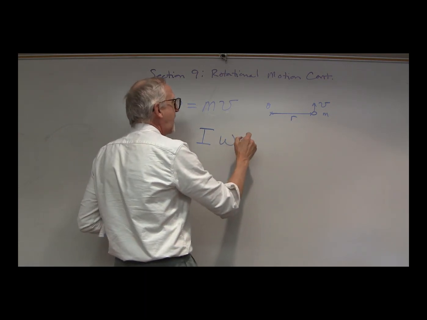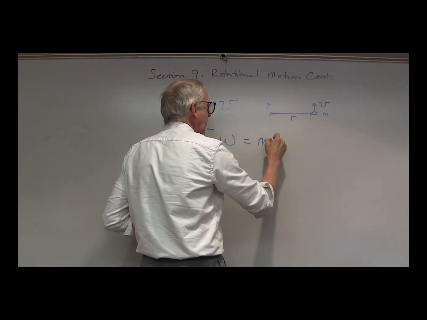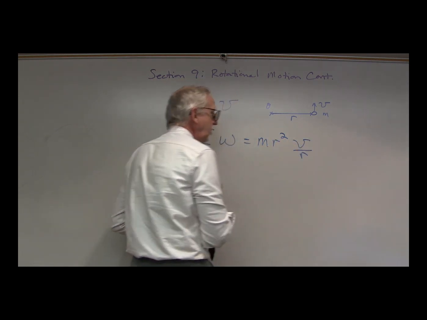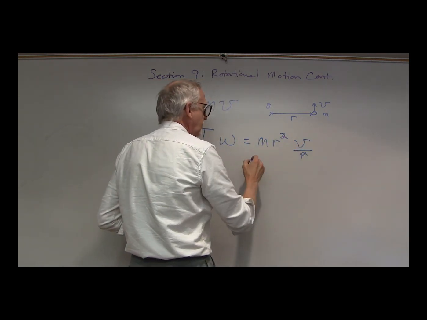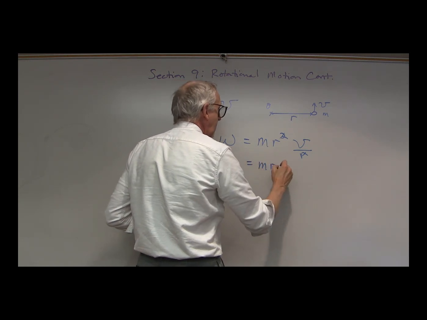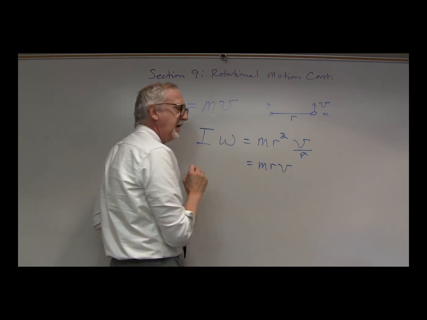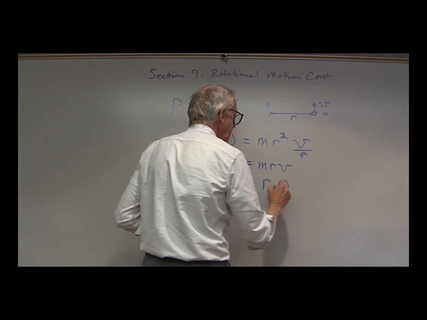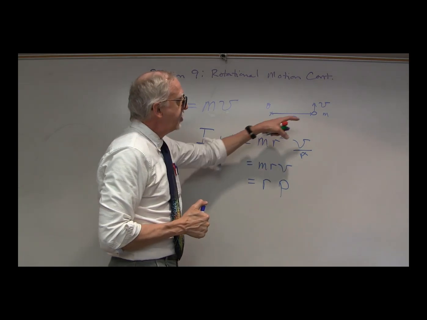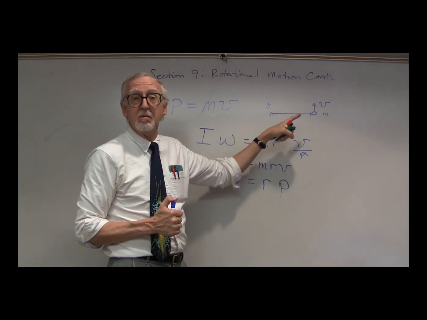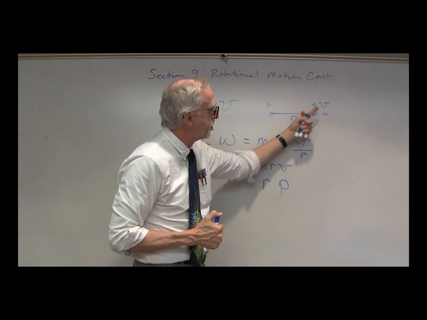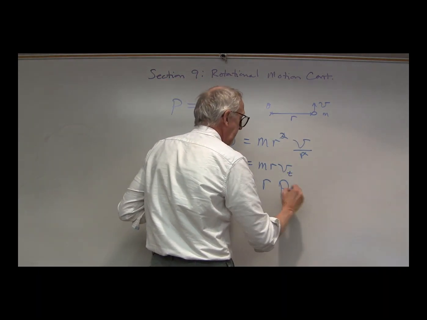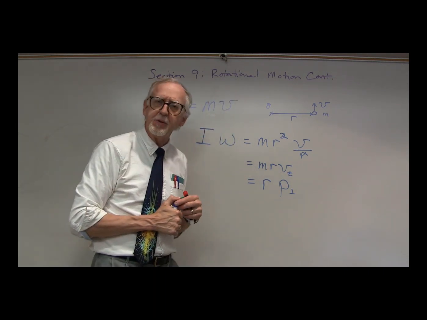What is I? I, we know, is mr squared, and omega is v over r. One of the r's cancels, and what do we get? We get mrv. mv is momentum, and so this looks like r times p. And as usual, what we really need is the component of p that is perpendicular to r. So we might say this is p perpendicular, the component of p that's perpendicular to r.